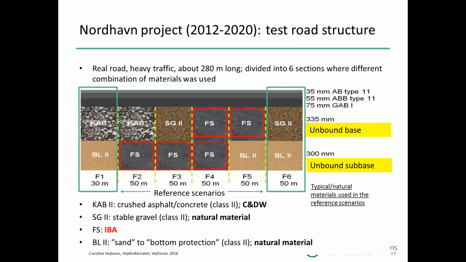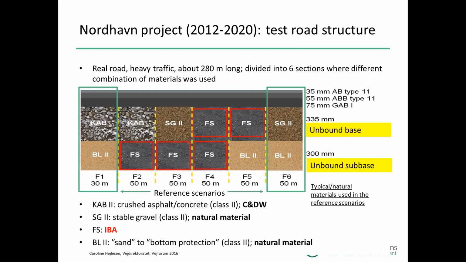So some real-life experience and data. This figure shows a cross-section of a real road with heavy traffic, which was built in connection with expansion of a harbor in Copenhagen. The test road had 6 different sections where different combinations of materials were used in the construction.